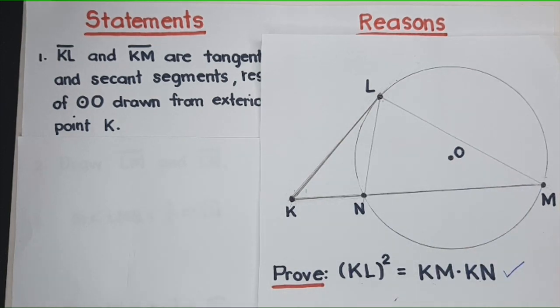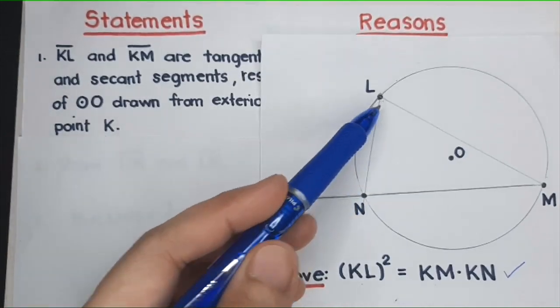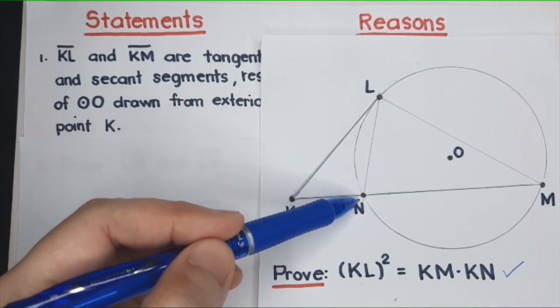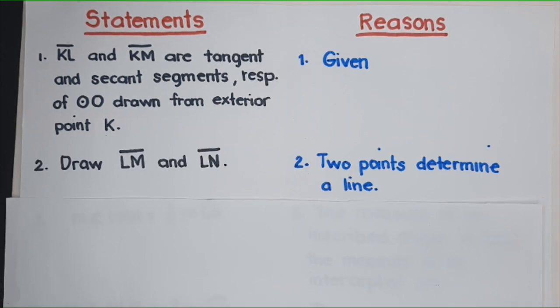Right? Okay, and then the next statement is you draw two segments. Segments LN and segments LM. Okay? Here. Okay? The reason, 2 points determine a line. Okay? Kahit hindi line yan, contained naman ang line segment na yan sa line.